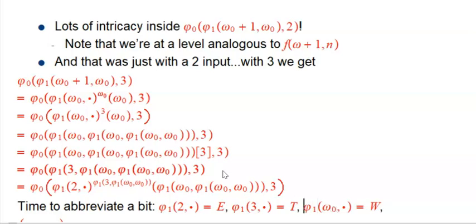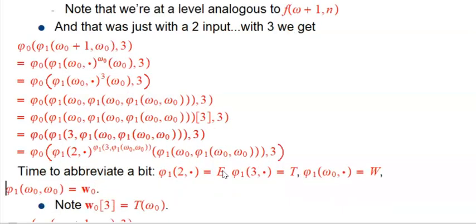And then here's a new one. It's phi 1 with this variable input, omega naught, and I'll just call that W because it kind of looks like an omega. And then we're going to have this particular omega 1 gadget that's going to come up a lot, phi 1 of omega naught comma omega naught. You can see that showing up twice already up here. And just to have an abbreviation for that, I'll call that bold W naught.